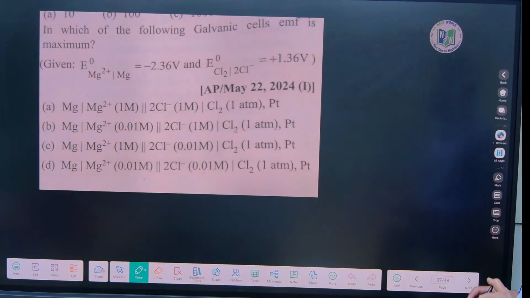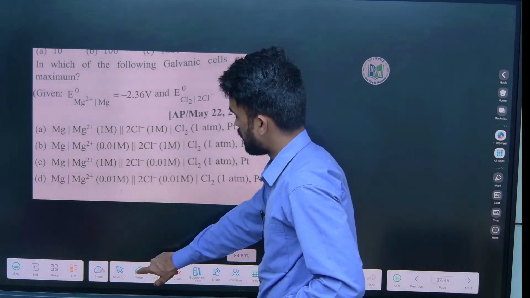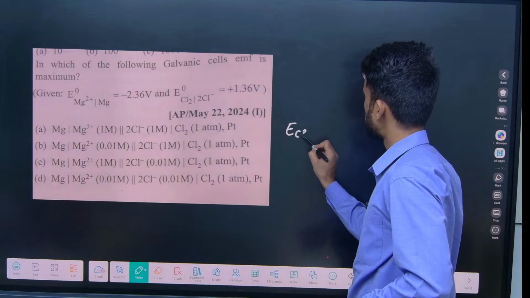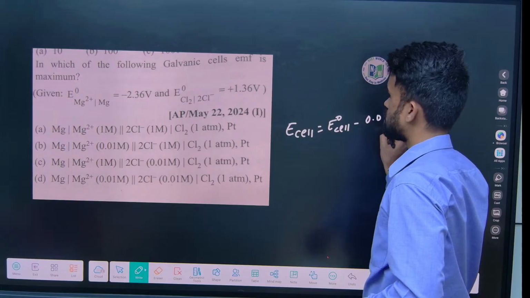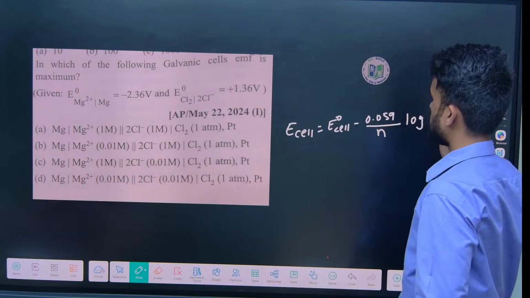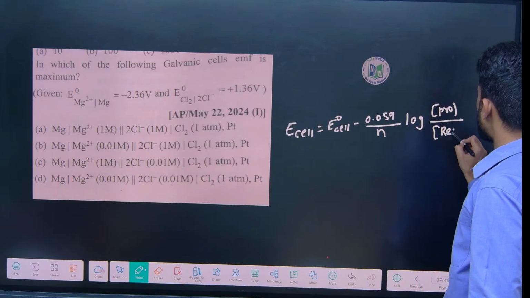Look at this. Which of the following galvanic cells has maximum EMF? How can you try this? What is the EMF formula? From the Nernst equation, E cell equals E naught cell minus 0.059 by n log concentration of product by concentration of reactants.